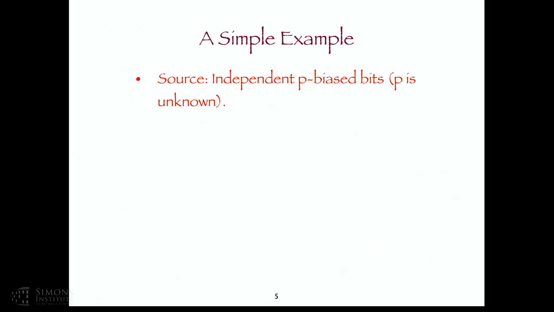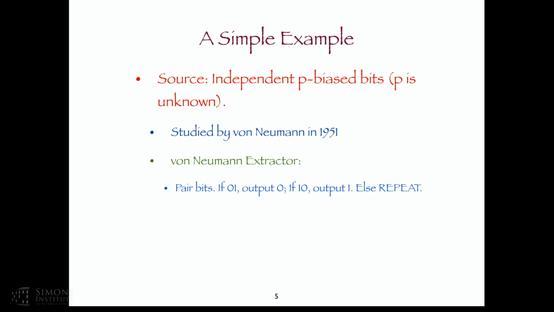For a simple example, you could think of a stream of independent bits where each bit takes 0 with probability p and 1 with probability 1 minus p. These kinds of sources were studied by von Neumann in the 1950s, and he developed a simple extractor for this. The idea is you pair bits from this stream. If it's 0, 1, you output 0.